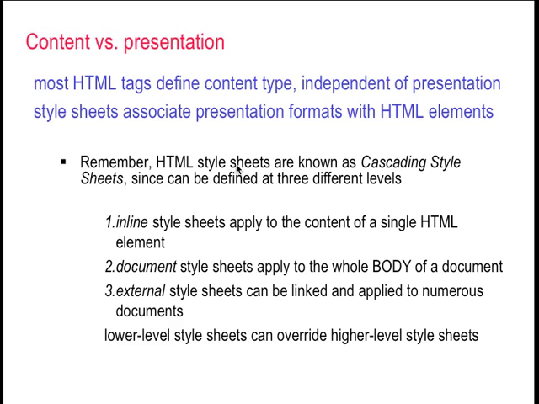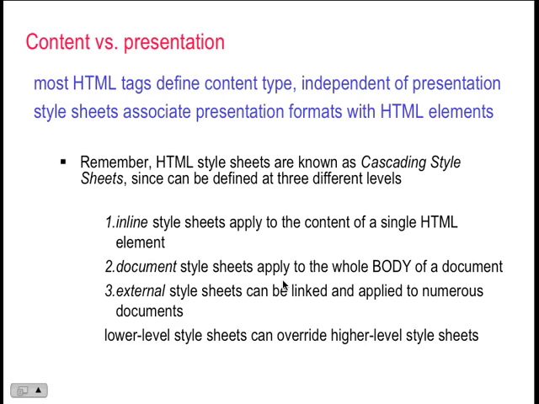A style sheet is also called a cascading style sheet since we are defining 3 different levels, and here are the 3 different levels that we're cascading. We have what I pretty much talked about, the inline style sheets that apply to the content in a single HTML element. We have the document style sheets that apply to the whole body of the document. That's the one that most people would actually start using.